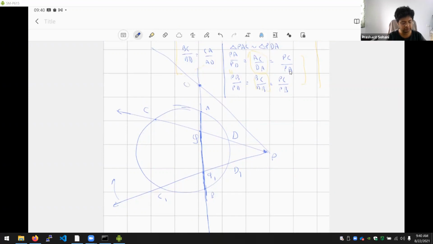The complex plane is something that we might study at a later point if we have time. It's a very interesting way of doing geometry. In fact, the whole line AB is the locus of all points Q such that the intersection points C, D and P, Q are harmonic.